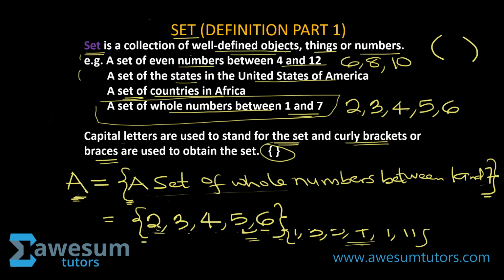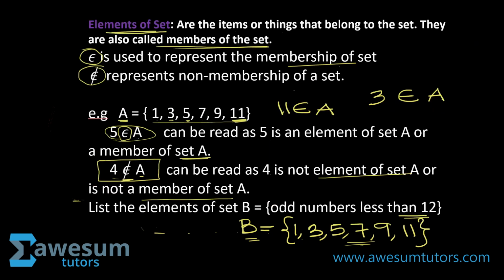You have the elements or the members of that set inside, separated by a comma. Then we talked about how you represent membership of a set. 5 is a member of A. Take note of that symbol. 4 is not a member of A. Take note of that symbol.